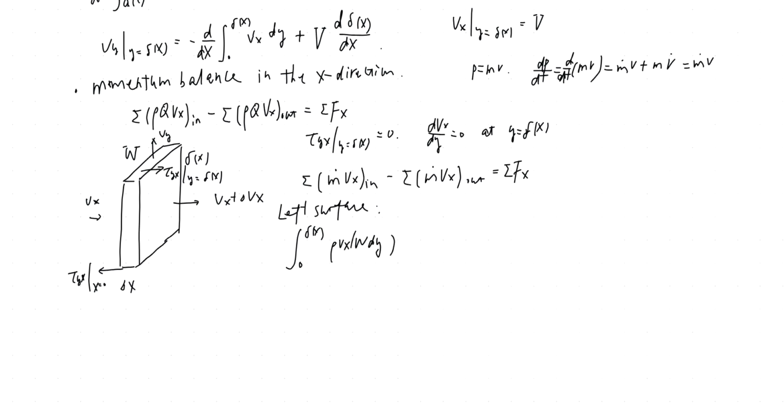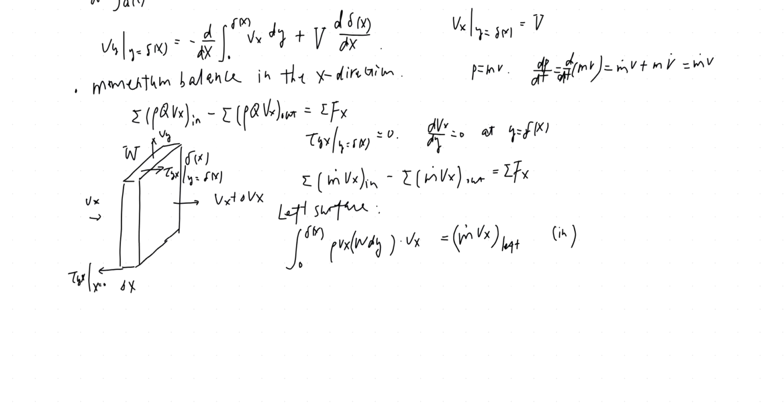This is m dot. Now we multiply this by Vx. This is the left surface, which equals m dot Vx at the left. This is the in term.